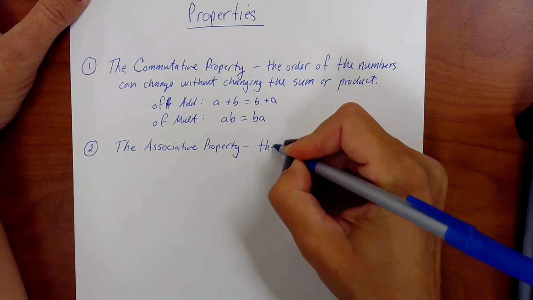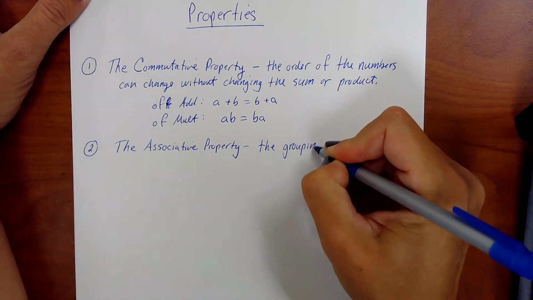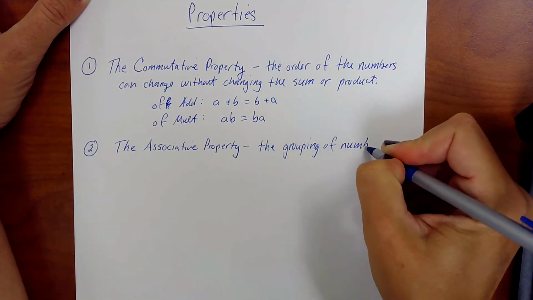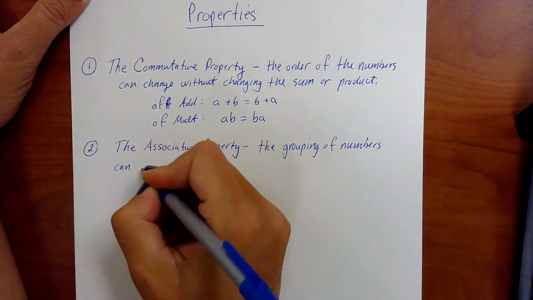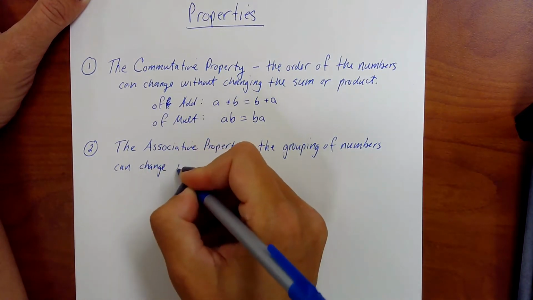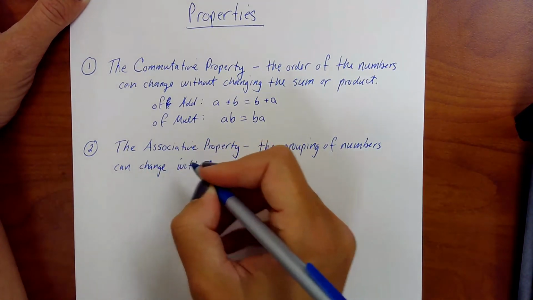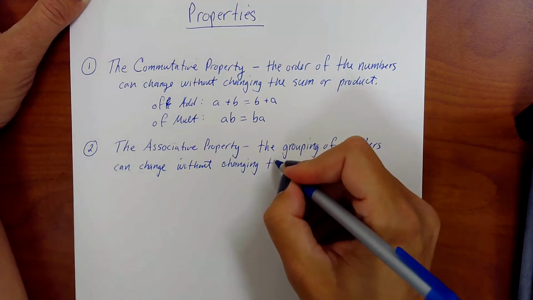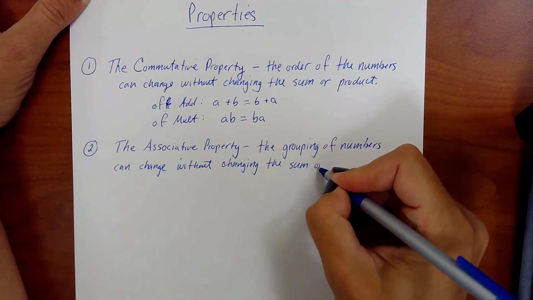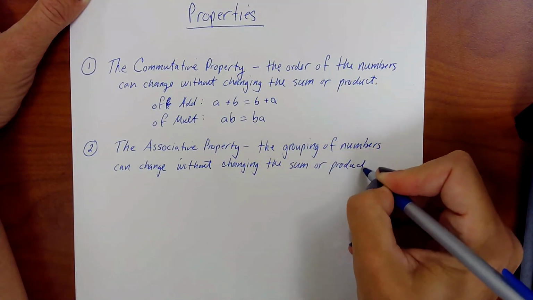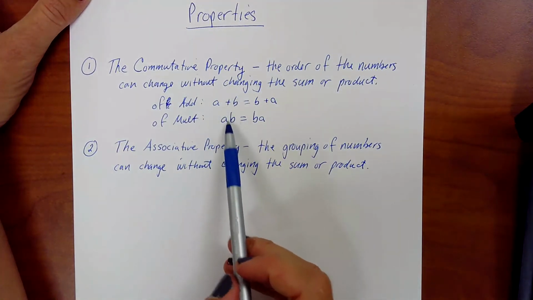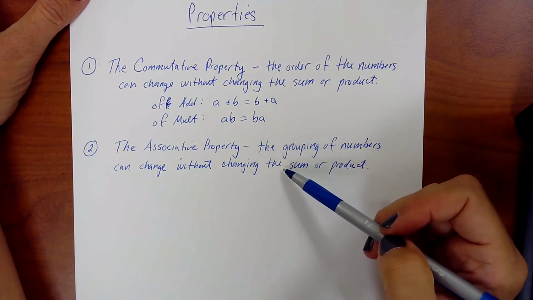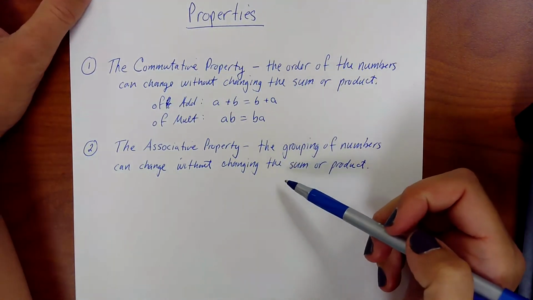So it says the grouping of numbers can change without changing the answer again, basically. So without changing the sum or product. And we should mention it's the sum or product for a reason. Those are the ones that work. This doesn't work for subtraction. This doesn't work for division. Okay, so these two only work for addition and multiplication.